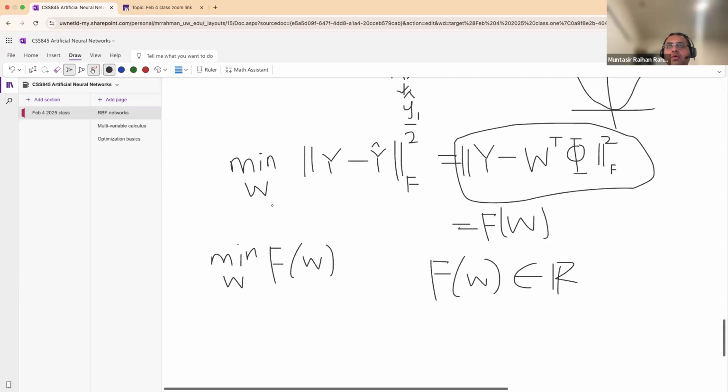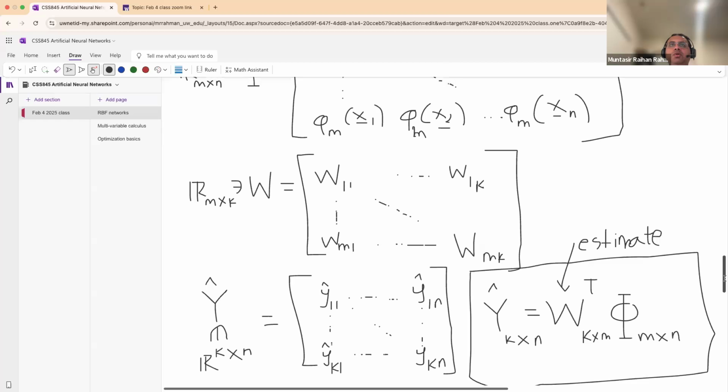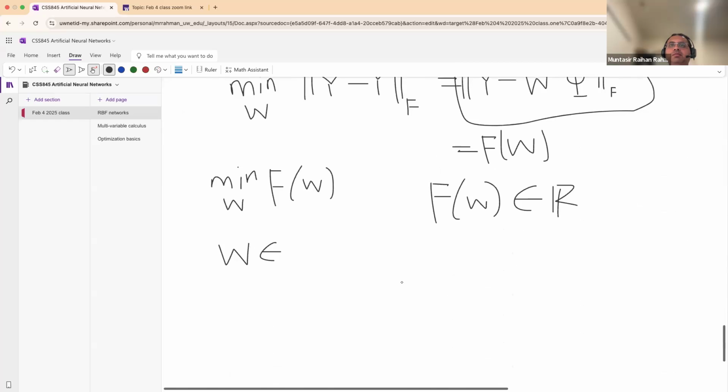And then we need to optimize with respect to W, right? And W is a matrix, and we know the dimension of W is M by K. Okay.